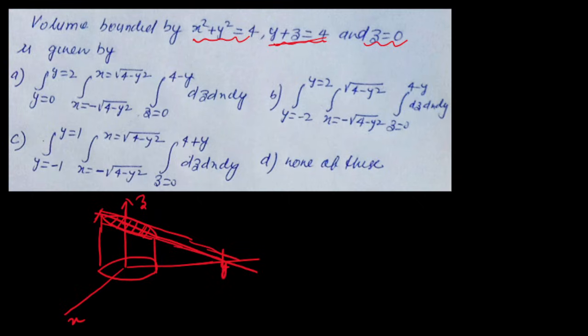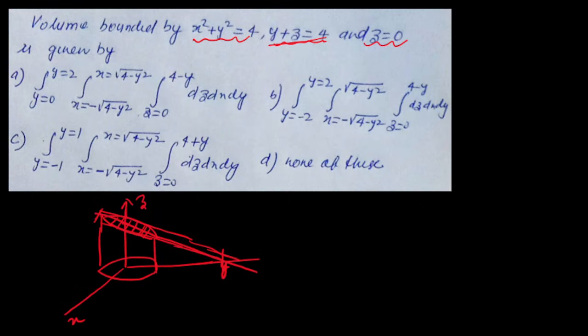So if I have to cover this region, what region? The cylinder is being sliced. If you consider the cylinder like a cucumber which is being sliced from the top, and when it is being sliced, the knife has been kept at an inclined position, so that this will be the cross section.